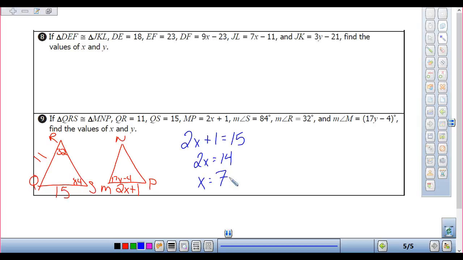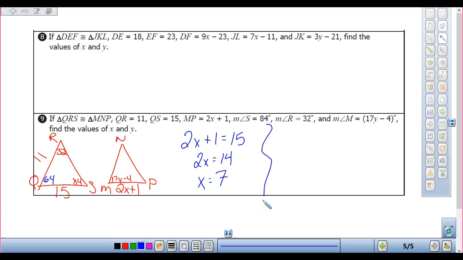Now y is in angle M, but M goes with Q, so do I know angle Q? Can I find angle Q? Angle Q is 180 minus 84 minus 32, which gives me 64.